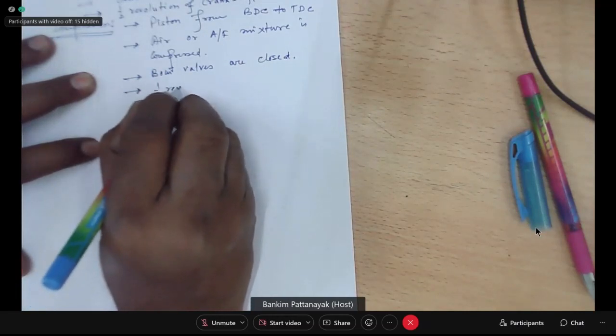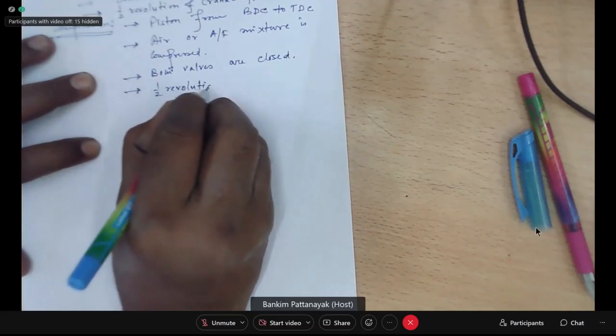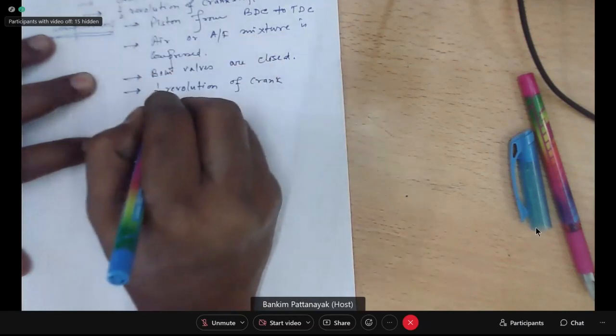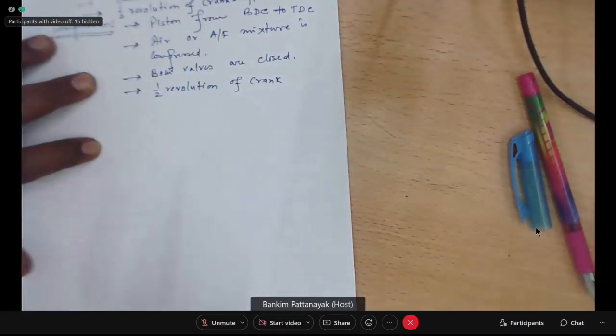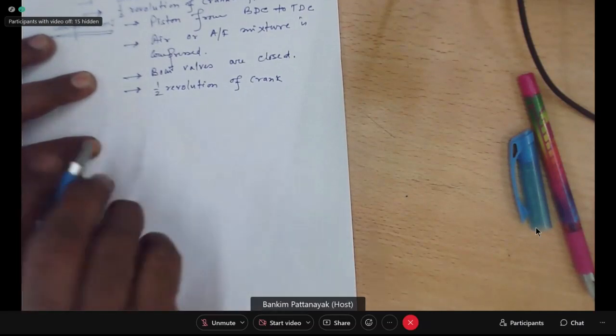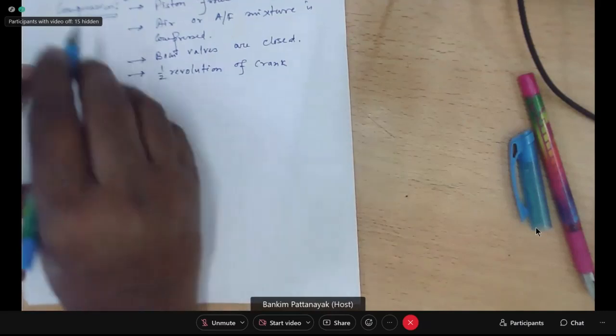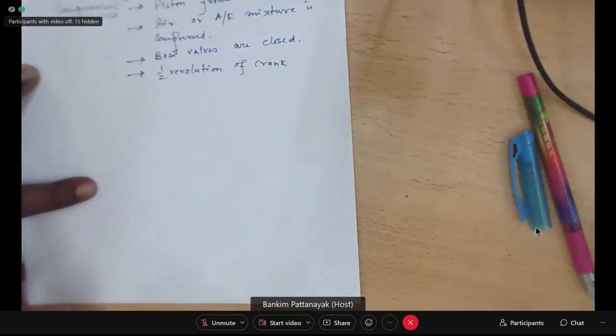That means this half and this half, the crankshaft has already rotated one particular revolution. Now suction stroke, compression stroke.